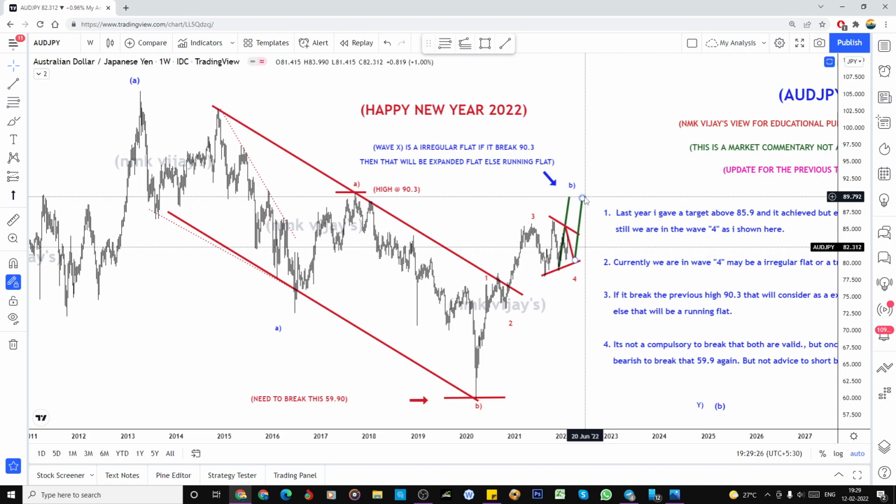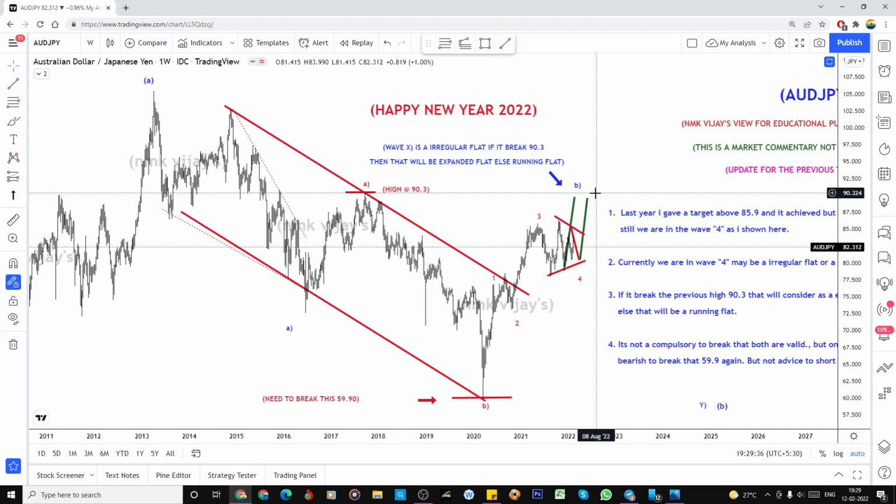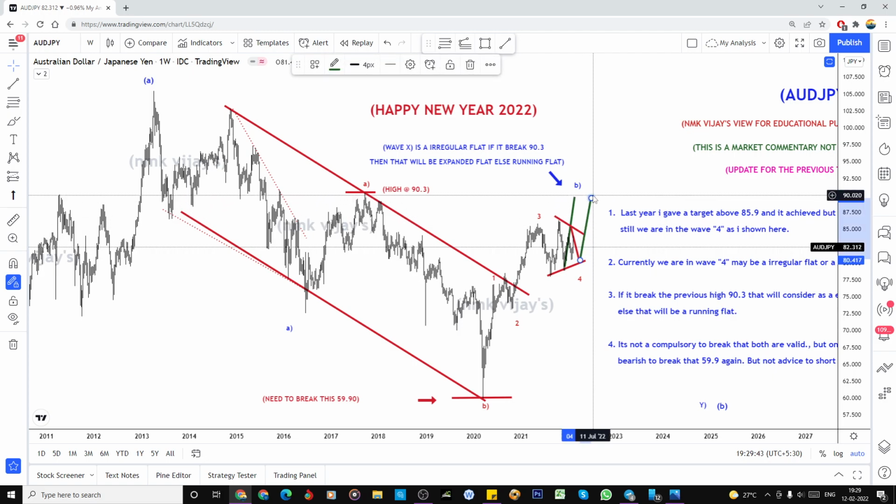At that time, UJ also needs to break that 118.7. And here also it seems like all the UJ, all the Japanese yen has to weaken, and then all the pairs against the Japanese yen will be getting the major strength here, it seems.